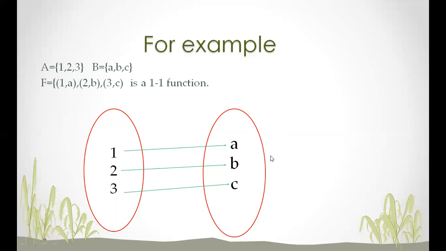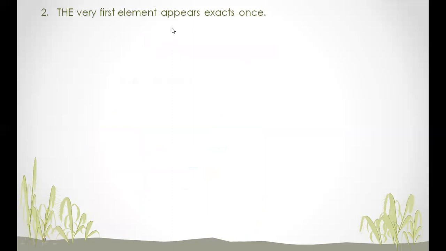In general, a one-one function need not be onto, and an onto function need not be one-one, but here is a particular example in which the function is both one-one and onto.